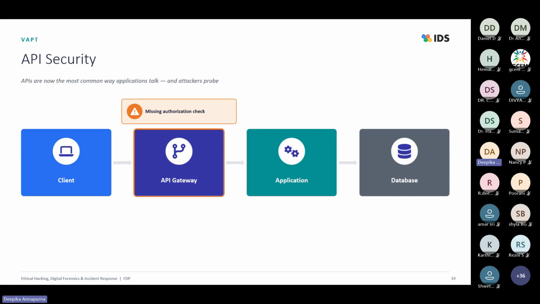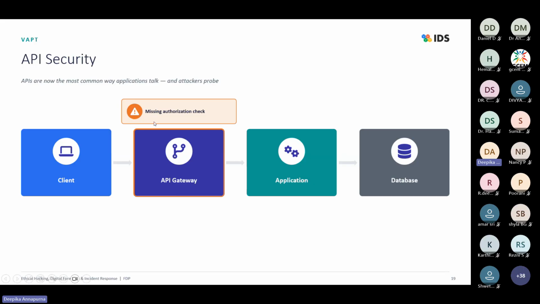The waiter will come to you, take your order, go to the kitchen and bring the food to your table, right? The waiter here is called the API. You will not go to the kitchen directly and get your food. The waiter will do it for you. That is called API. The client will talk to the API gateway. This acts as a gateway between the client and the application.